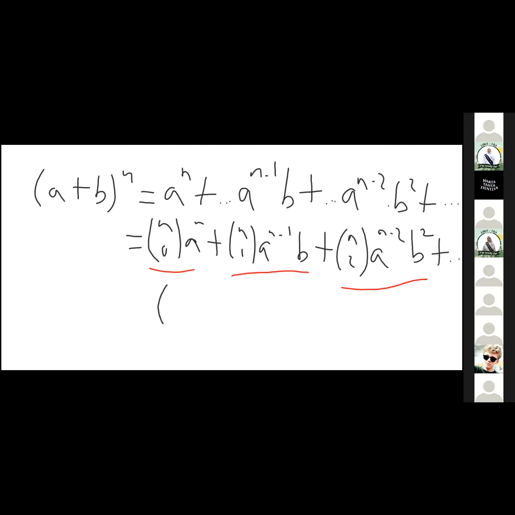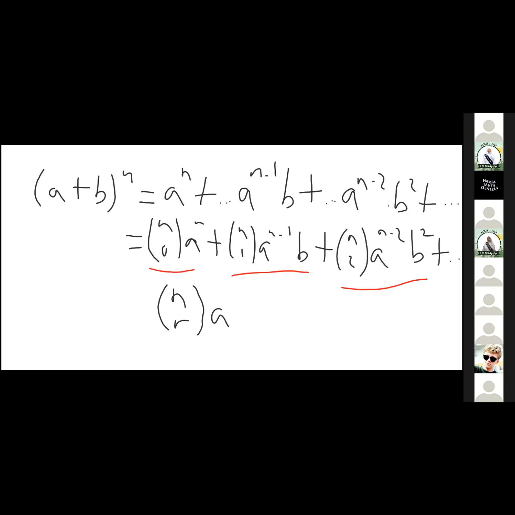So n choose something, let's say r, and then the power of a decreases. So it starts from n and then decreases. So basically we can write it down like this.